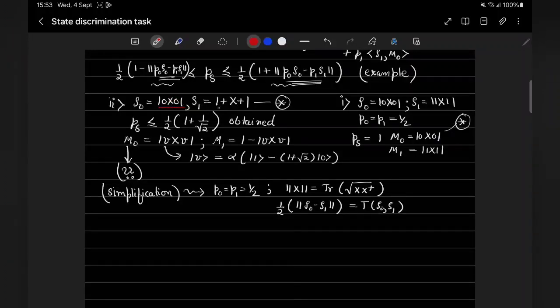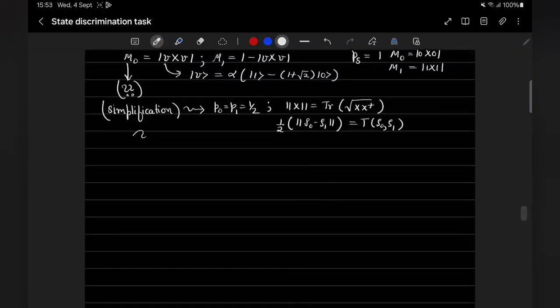So here you can see these states are pure states, and in this case P success is always less than or equal to half 1 plus under root 1 minus mod AB square.